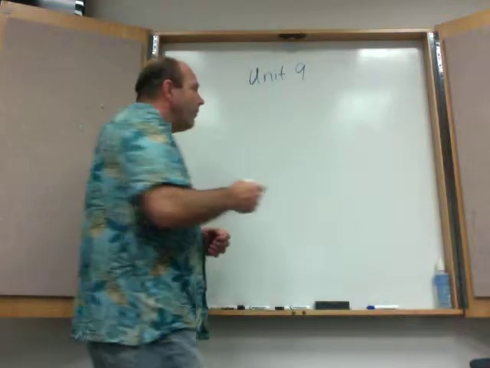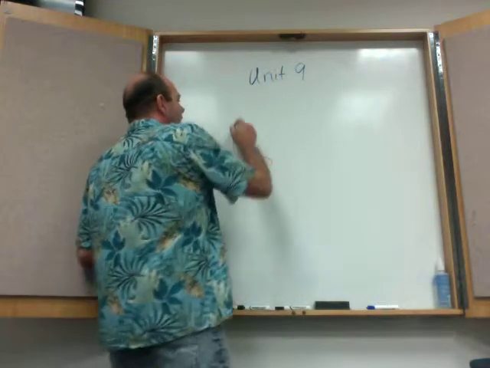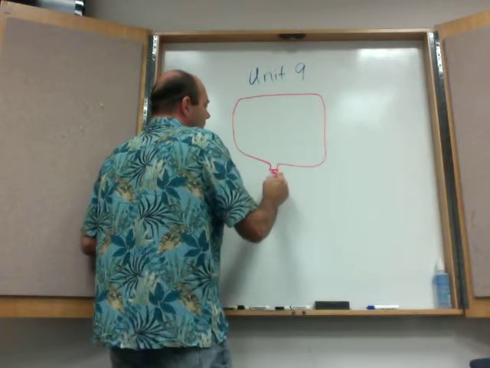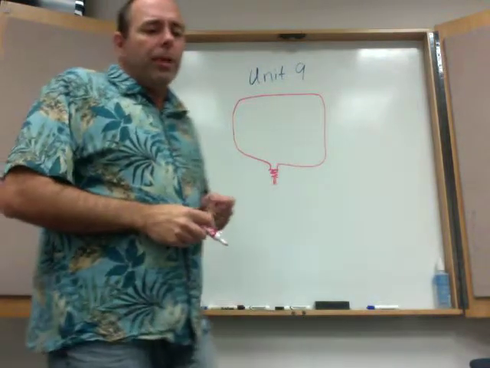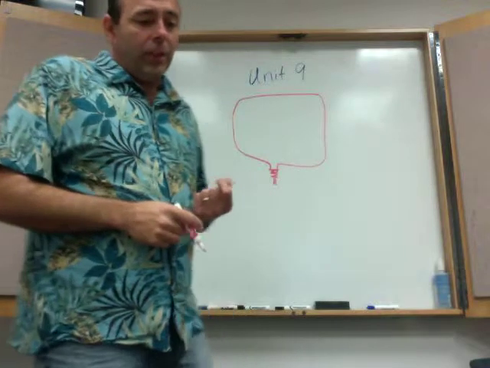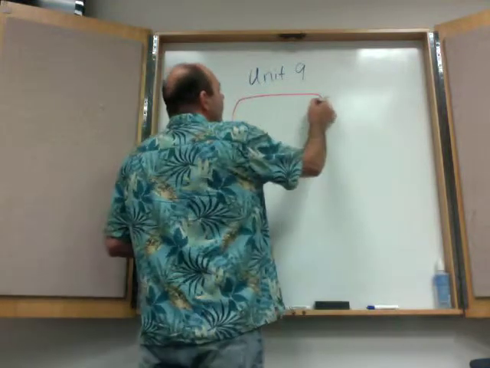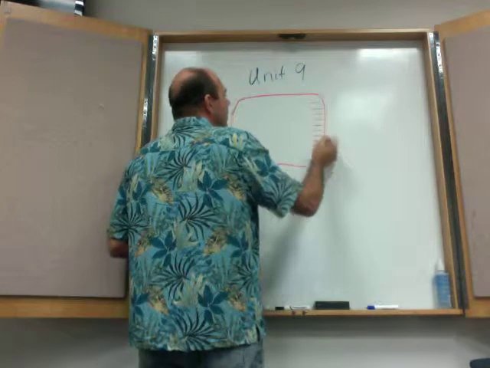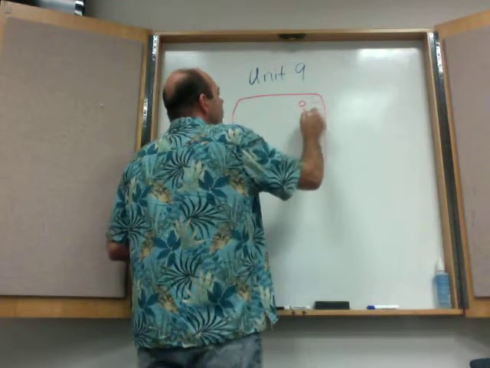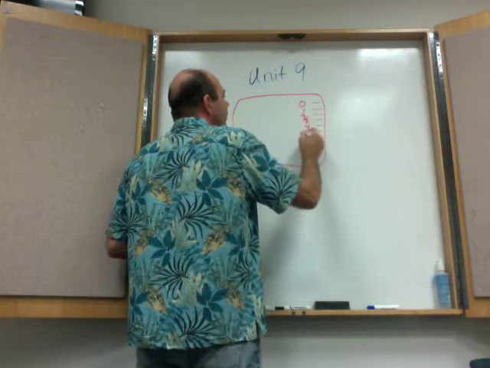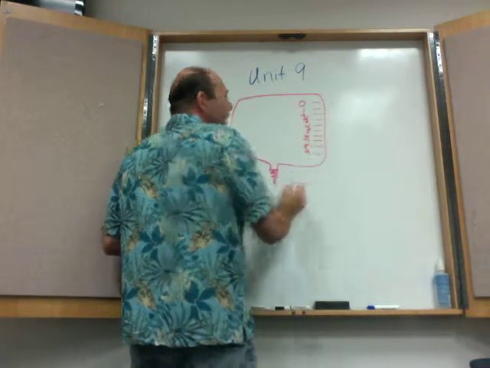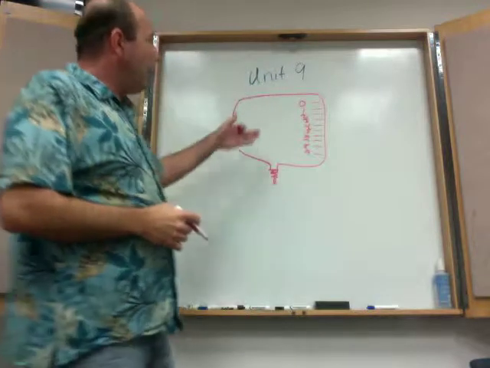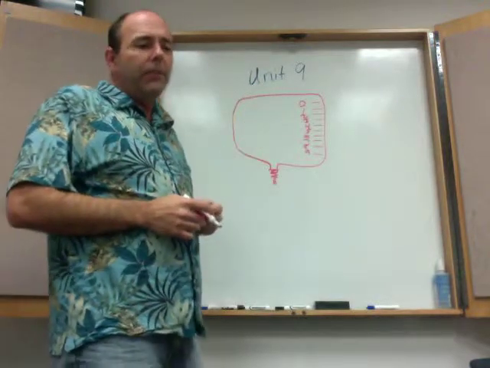And then the other aspect of the IV bag is to be able to understand the scale that it is using. This here is typically a 1,000 milliliter IV bag.